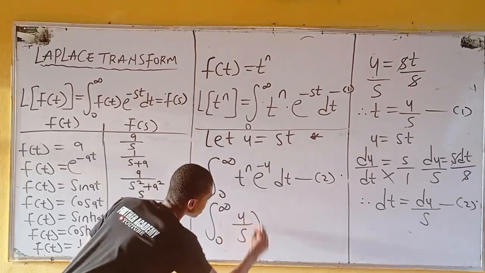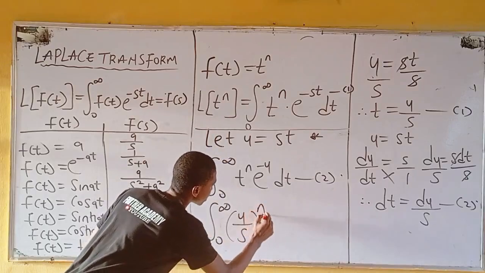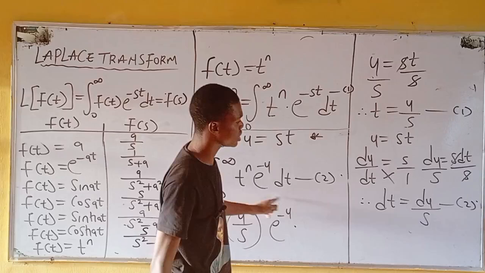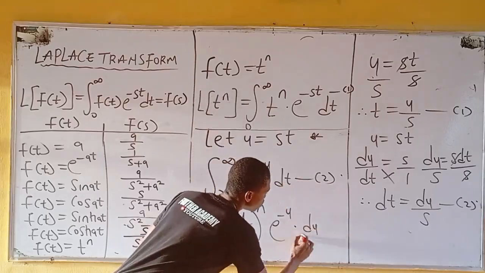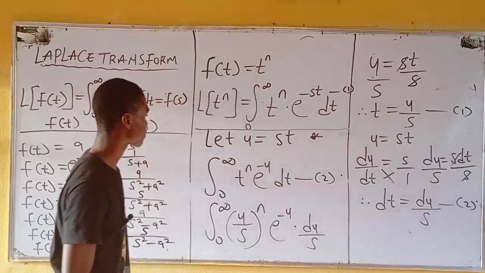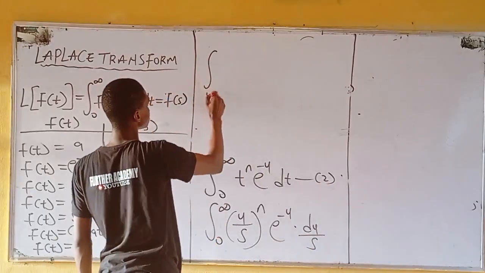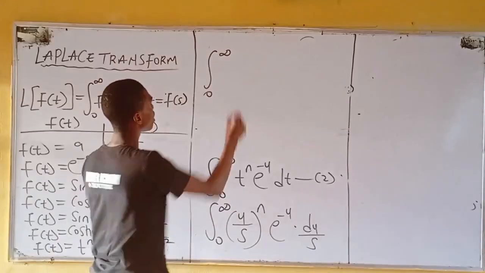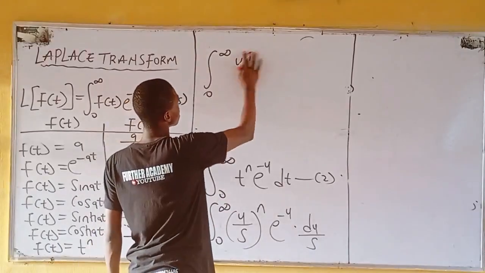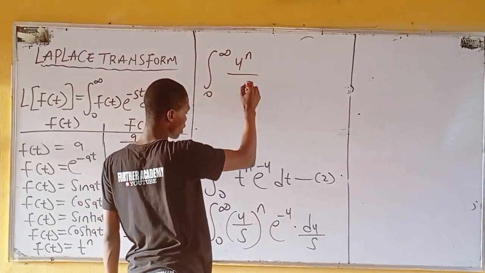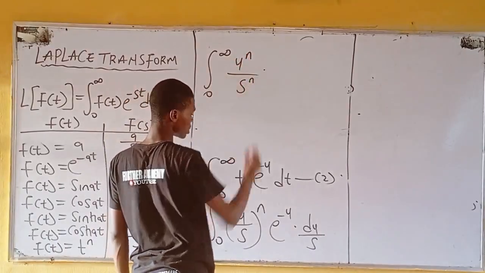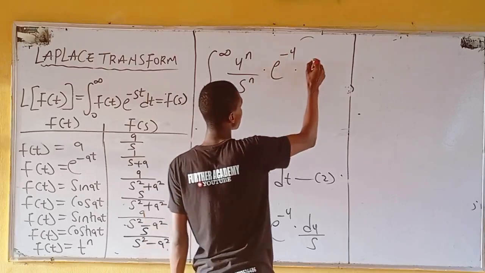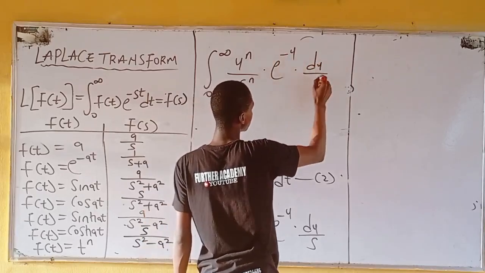U over x, raised to the power of n, multiplying exponential negative u, with dt as du over x. From here, I have the integral from 0 to infinity of u raised to the power of n over x raised to the power of n, multiplying exponential of negative u, multiplying du over x.